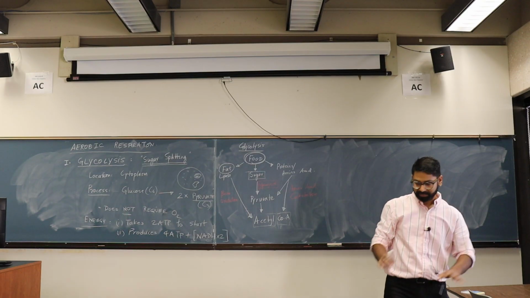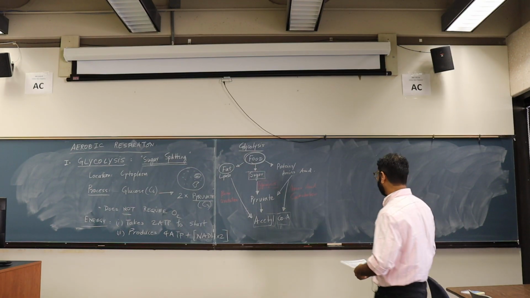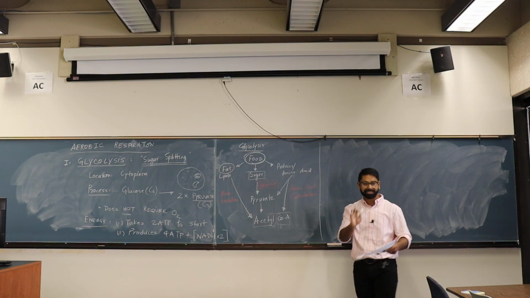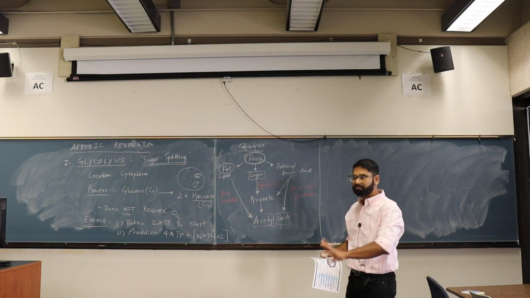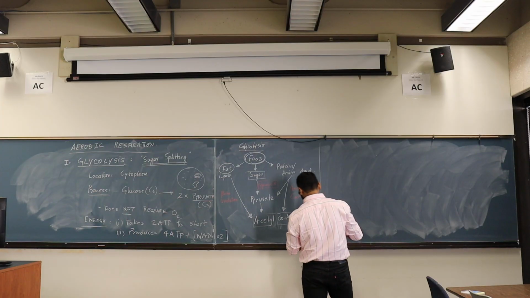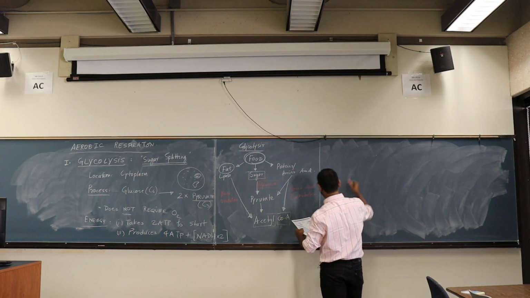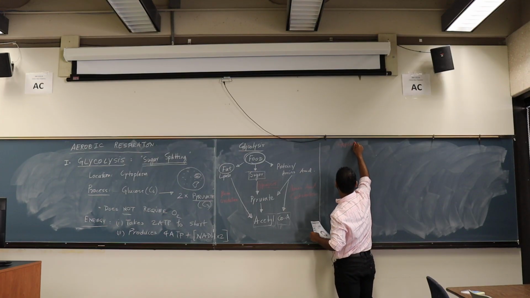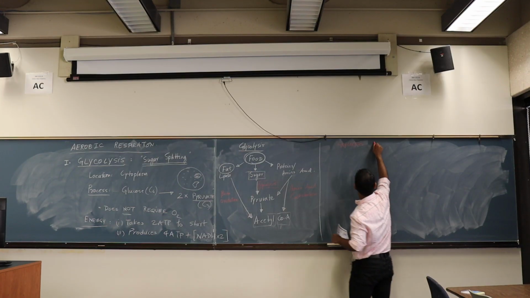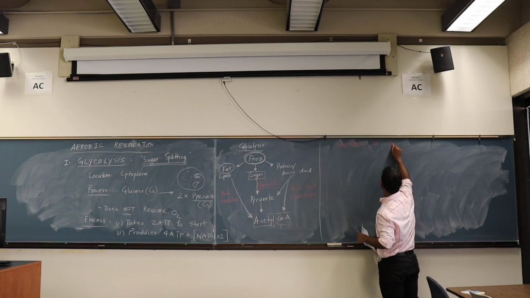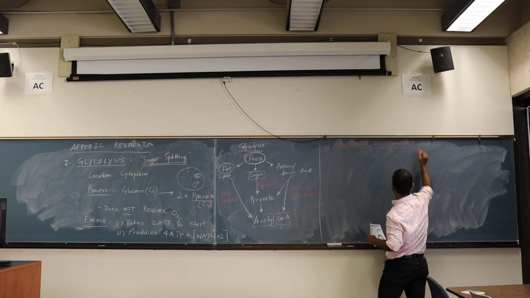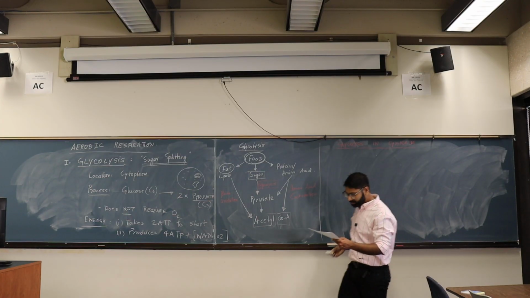I'm not expecting you all to memorize this, but at least have it in your notes so that you can say, hey, we kind of know what glycolysis is. So let's see glycolysis in the cytoplasm. We are still in the cytoplasm, trying to see what happens.